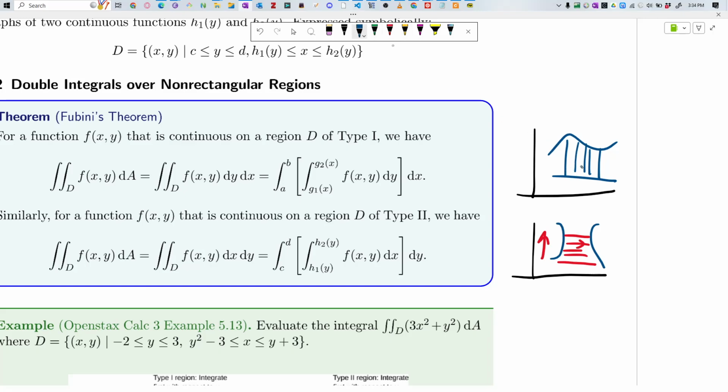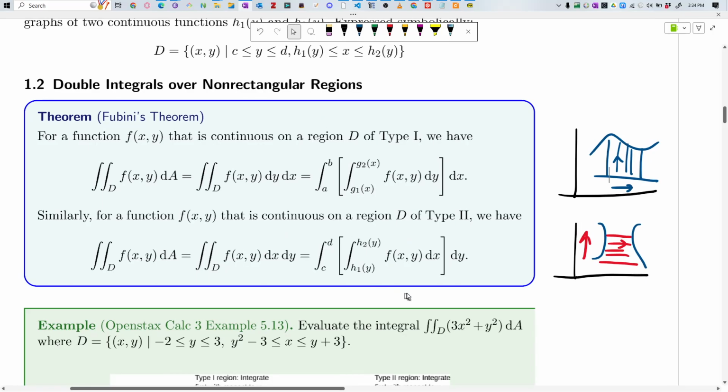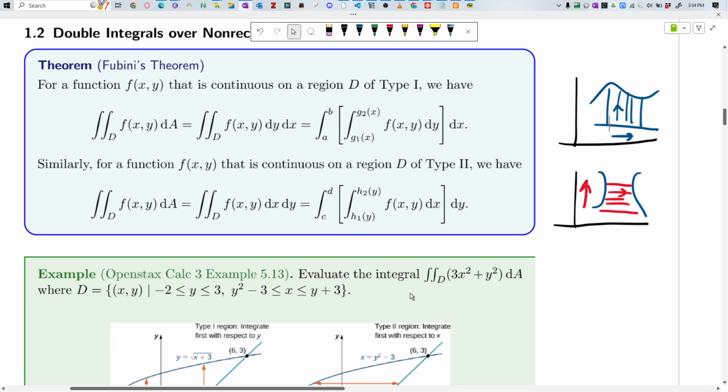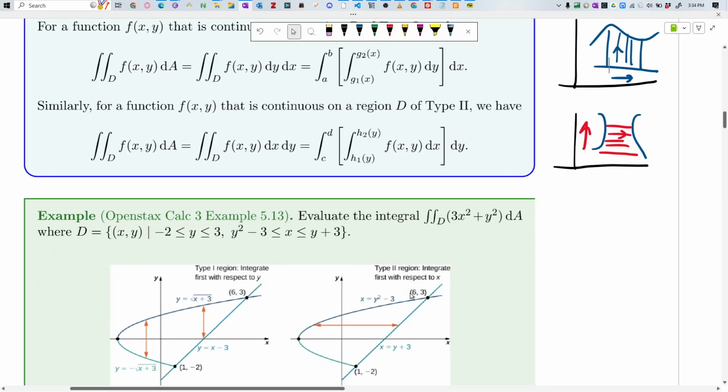Whereas with regions of type 1, you end up sweeping over x in this way as your outer integral, and upwards for your inner integral. That is pictorially what is happening with these iterated integrals. Hopefully that's fairly clear what I'm saying.